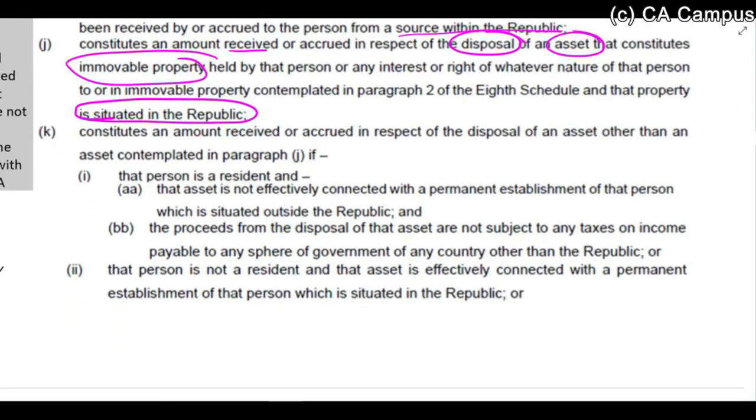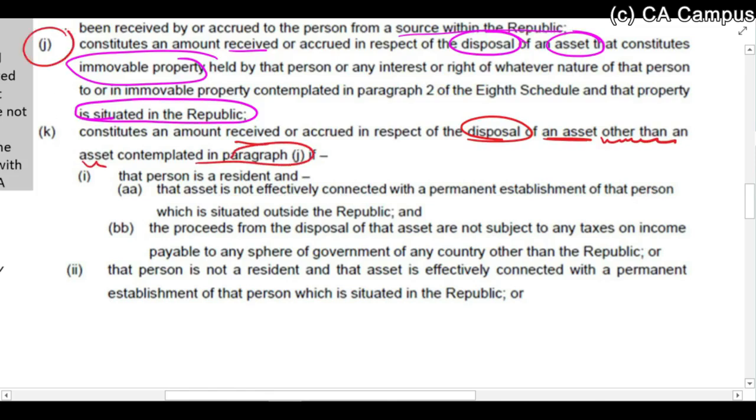K says constitutes an amount received in respect of the disposal of an asset. So again, it's a disposal of an asset, but they say other than an asset contemplated in paragraph J. This paragraph J talks about immovable property. So they're saying, but K then talks about movable property.